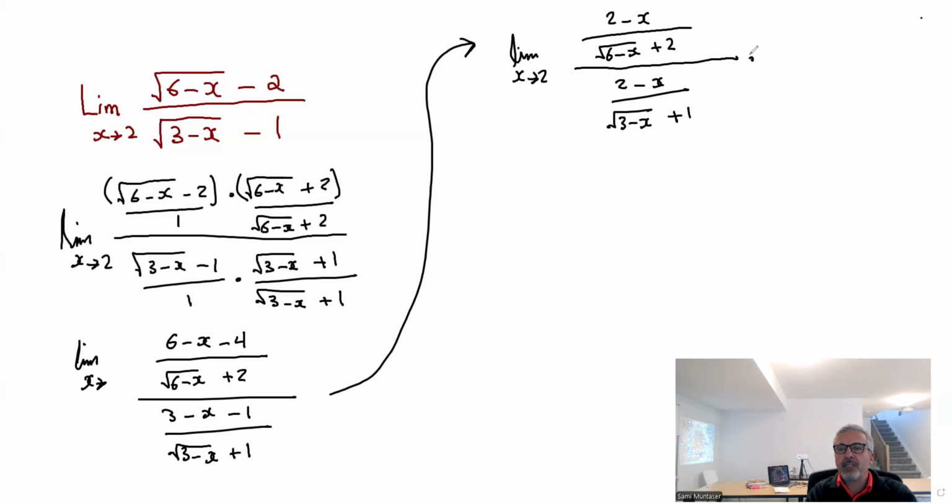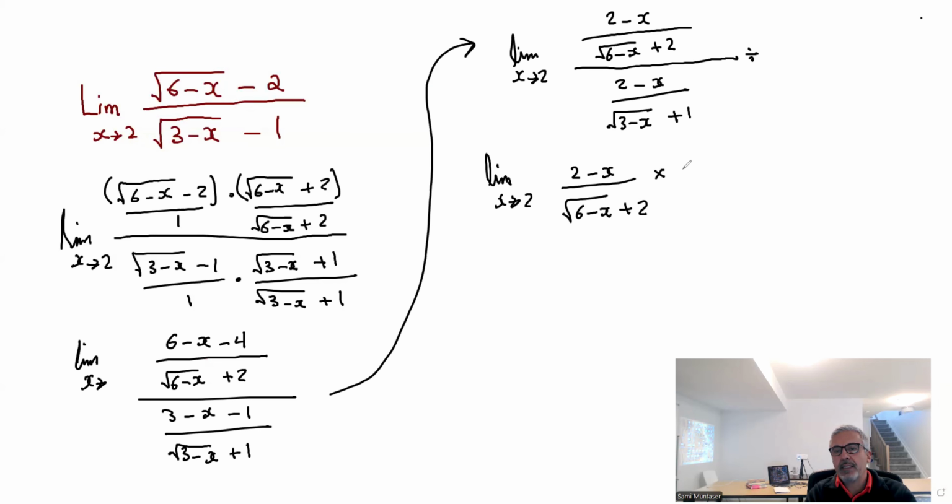Now remember, this is division right here. So these here will cancel. But let's just go through the process for some students who cannot follow quick shortcuts. So again, if this is divided by this, we could change it to 2 - x all over √(6 - x) + 2. And the division, we change it to multiplication.